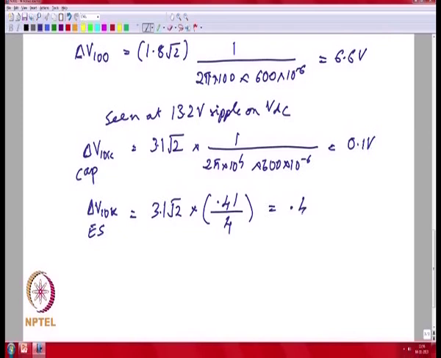So, you have about 0.4 volt due to the ESR of the capacitor, 0.1 volt because of the actual capacitance. So, at the switching frequency you could almost consider only the ESR effect. The capacitor is starting to behave more like a resistor rather than as a capacitor even at the switching frequency. So, the ESR effect dominates.